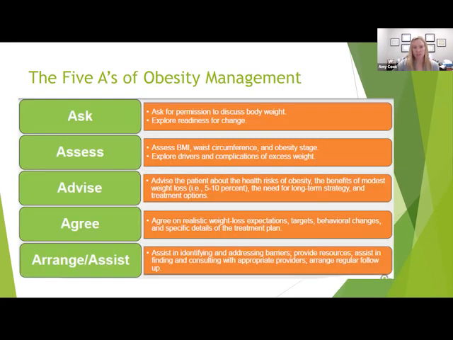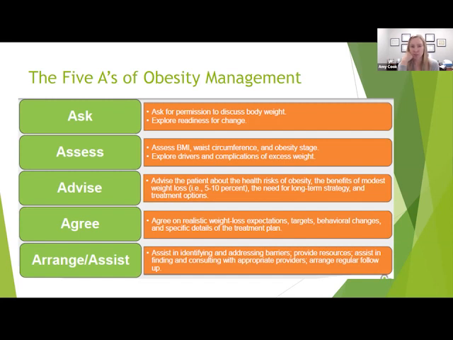The obesity algorithm has what we call the 5 A's of obesity management, starting with asking permission to talk about weight. And this is going to be not just bringing up and talking about their weight issues, but asking permission first. And I personally even start this early with my well child checks.